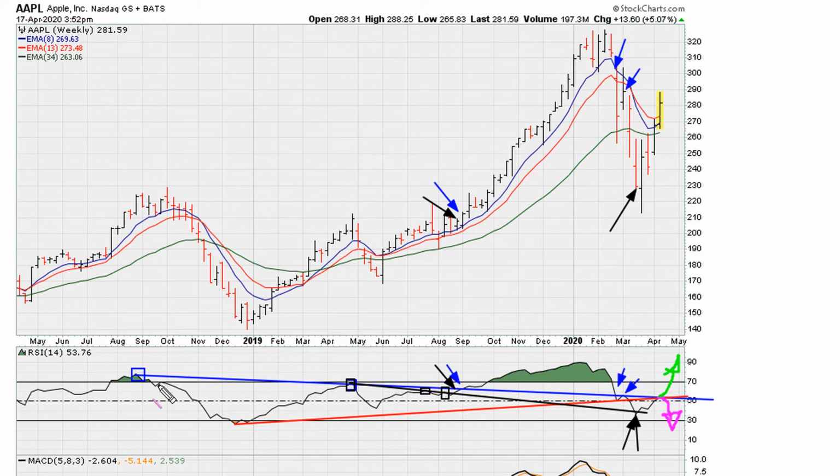Plus, if you are familiar with my uniformity work, you can see that there was a movement of the RSI here off the lows of early 2019. And so we can take this area here, which was critical for the stock based on this price movement, and the stock has not been back to these price levels, and draw what I call a uniformity line.